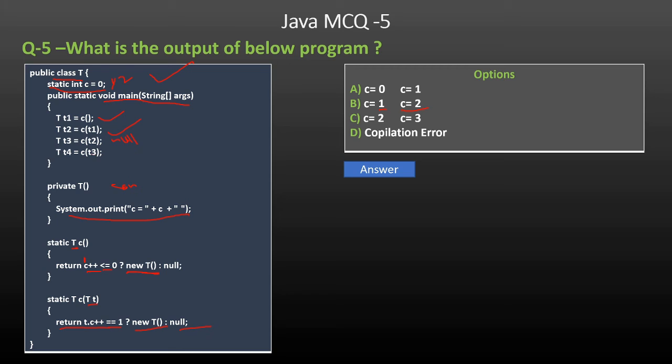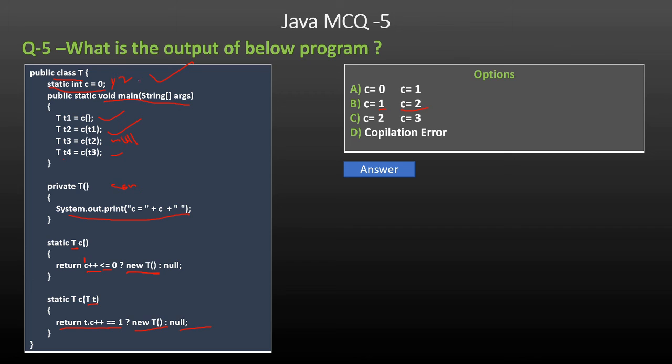In the fourth one we are passing T3, which is null, and this will also call this method. As soon as it comes here, the return is t, which is null, dot c plus plus, but because C is a static member variable, it does not impact.